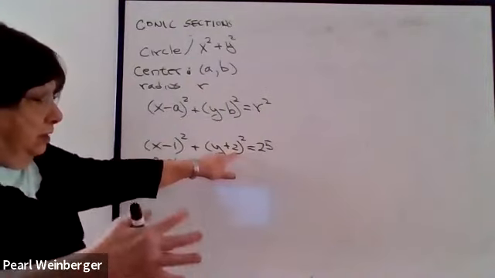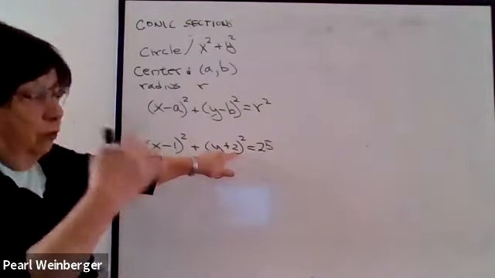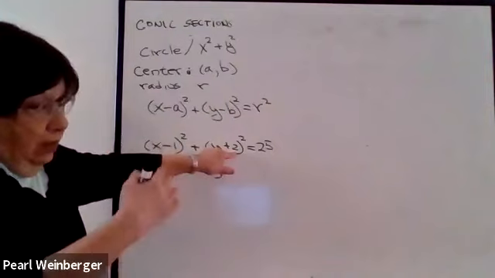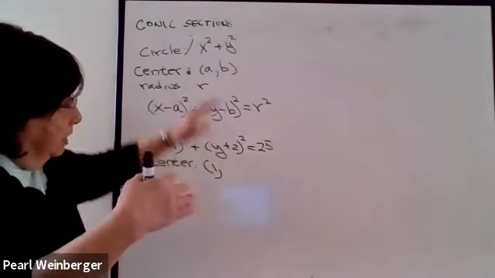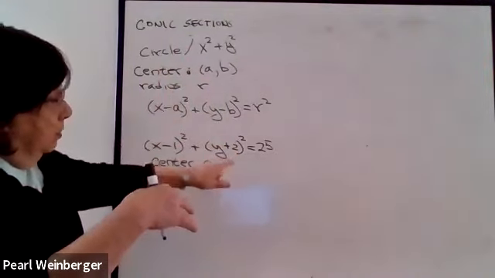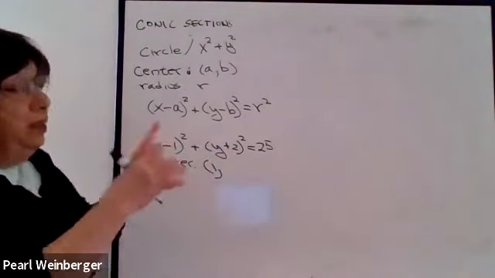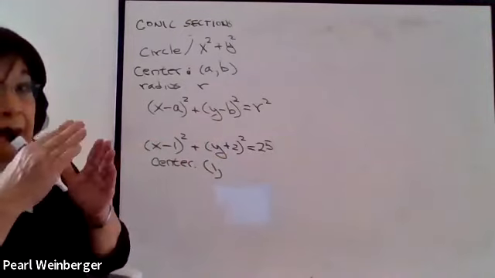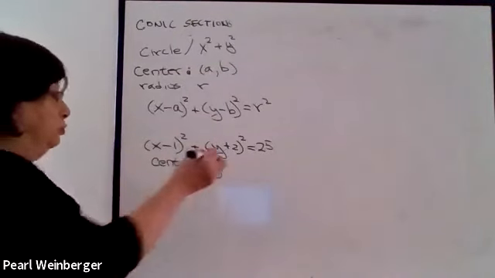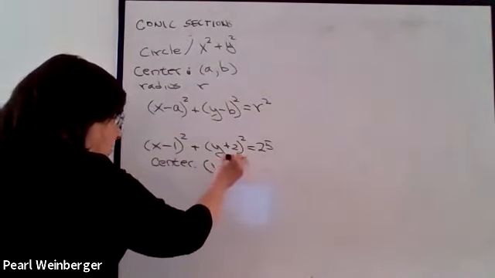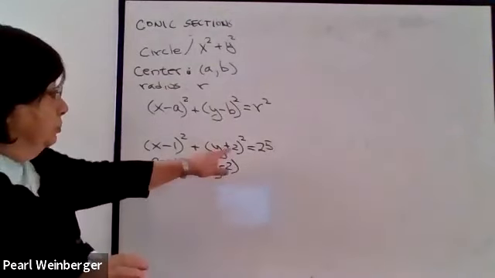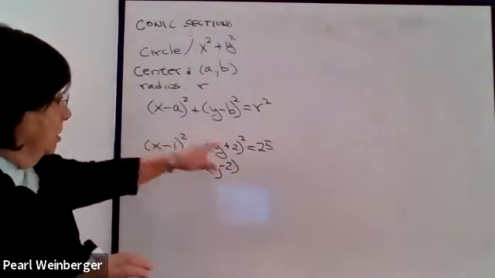So really, I could have taught this all as one thing without doing the separate origin. But in this case, I have y plus 2, which really means y minus negative 2. The y of the center is negative 2. So switch the signs.